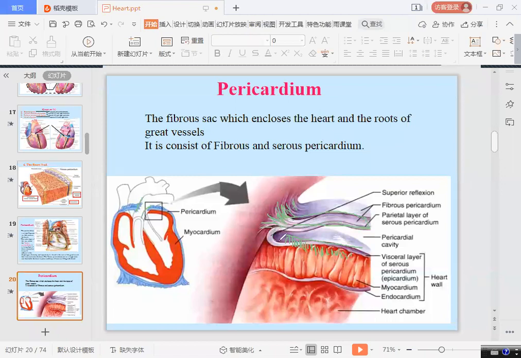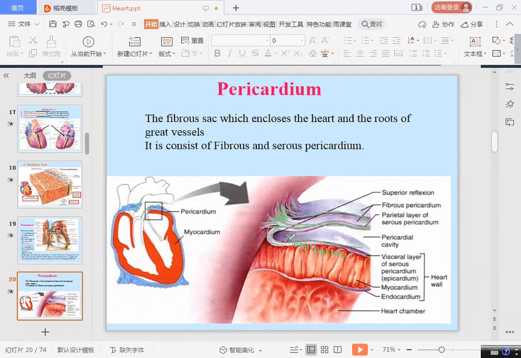What is reflection? Bending. For example, if a structure comes to another structure, attaches, and then moves back after attachment. Can you see here? The fibrous pericardium attaches here, and the parietal pericardium comes near the great vessel, and then it reflects back.